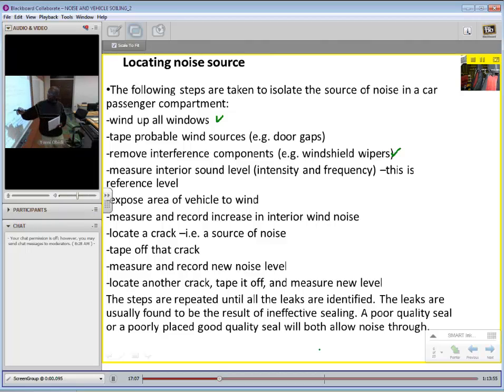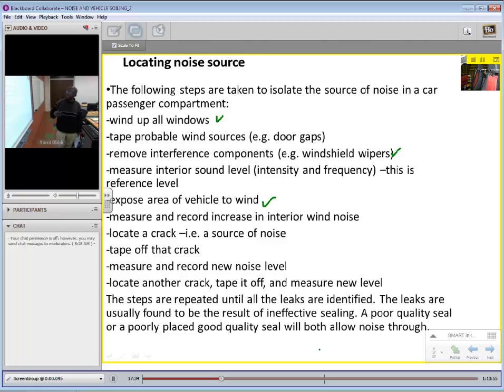Then we expose the vehicle to high-level wind, and we measure and record the interior wind noise. That way we're able to locate the crack, which is the source of noise. We tape off that area, the first one that you locate, then go on and tape off the second one.